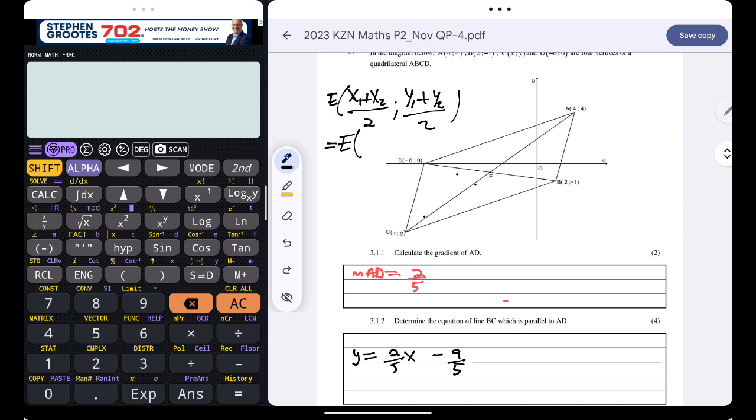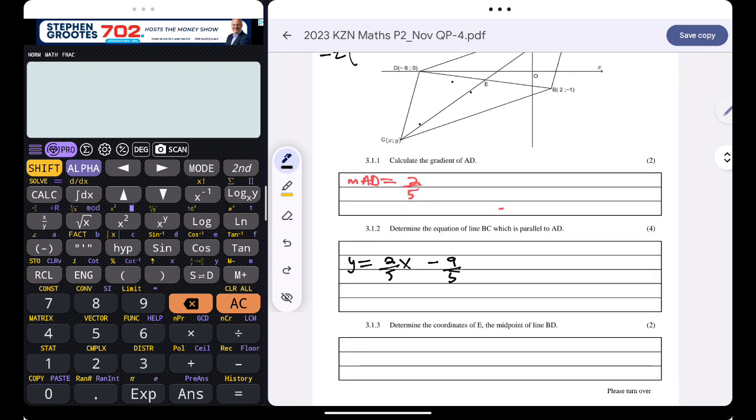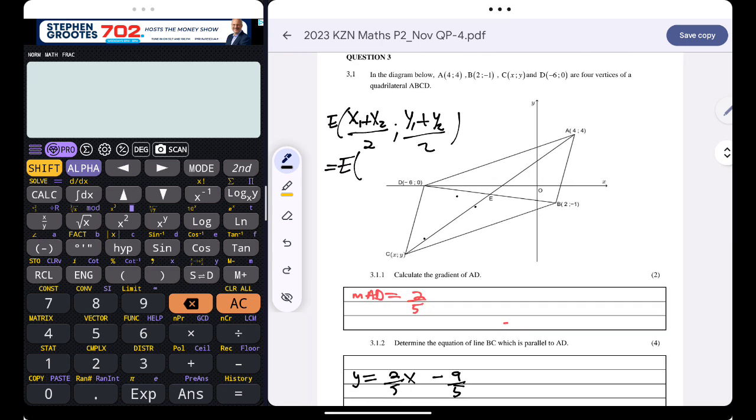Since E is the midpoint of line BD, I can simply take the x value at D plus the x value at B, all divided by 2. Then for y, I'll take the y value at D plus the y value at B, all divided by 2.